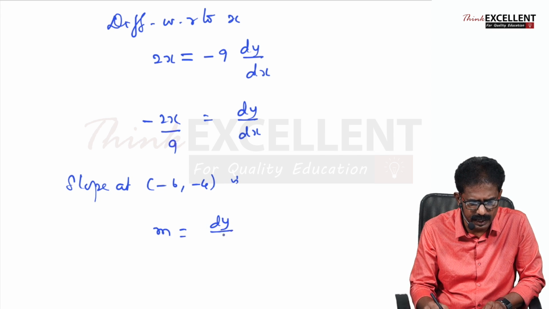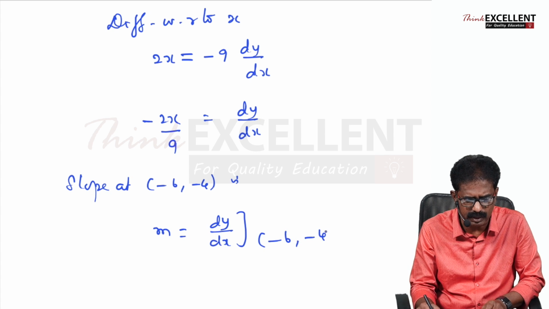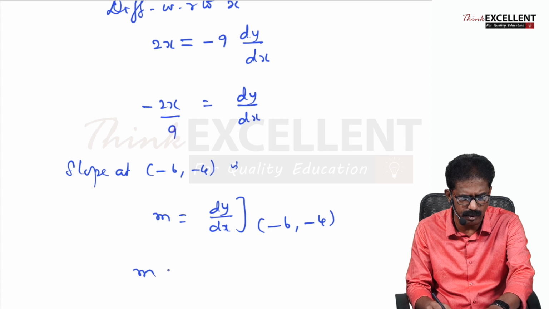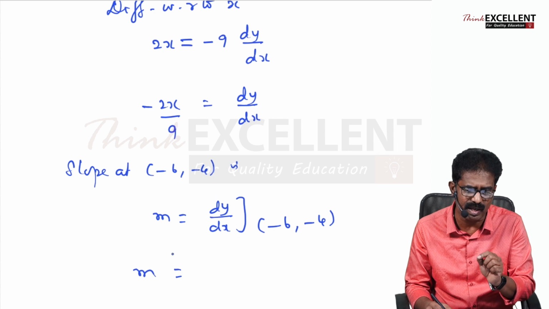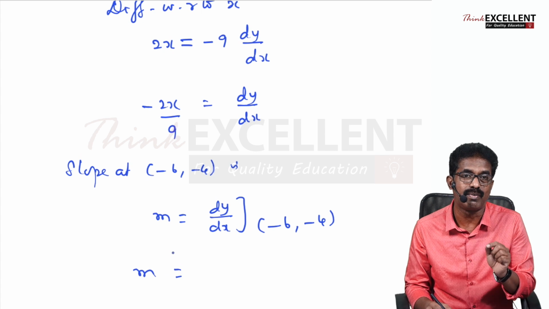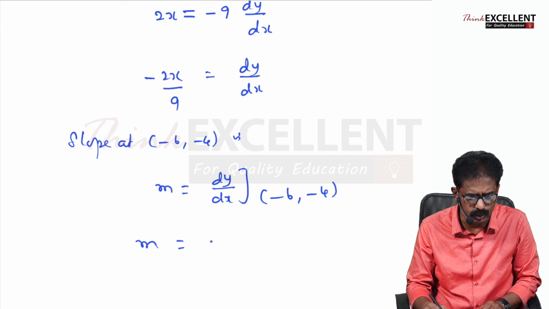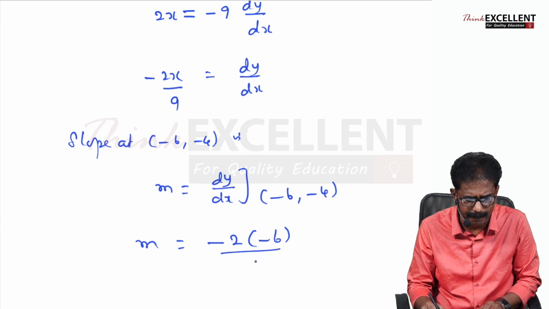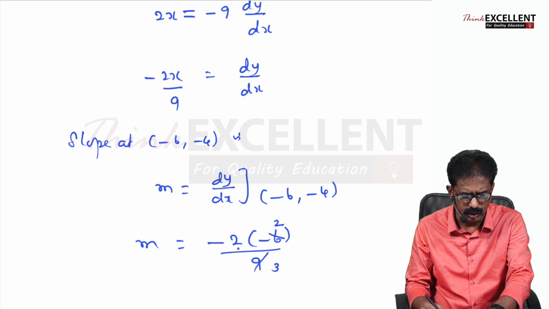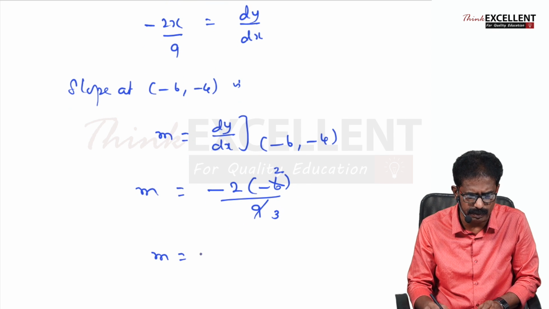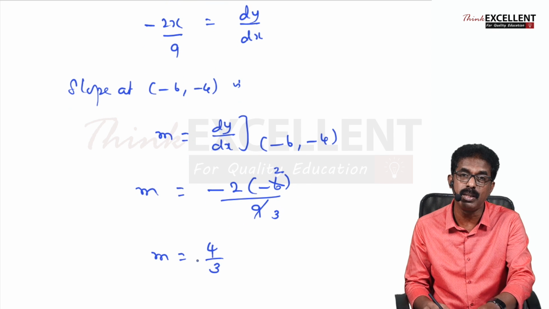That is dy by dx at the point minus 6, minus 4. What's the meaning of that? Already you got dy by dx. In that answer, for x you put minus 6, and for y, if y is there, you put minus 4. There is no y. So minus 2x by 9, minus 2 into x value, minus 6, by 9. Cancel by 3, 3 and here 2. So you are getting m equal to minus minus plus, so 4 by 3. Okay, m equal to 4 by 3.